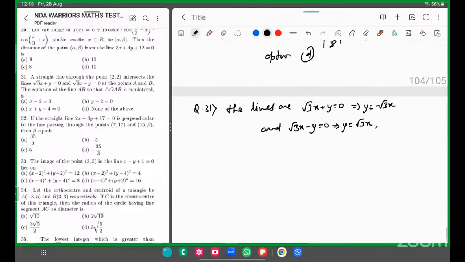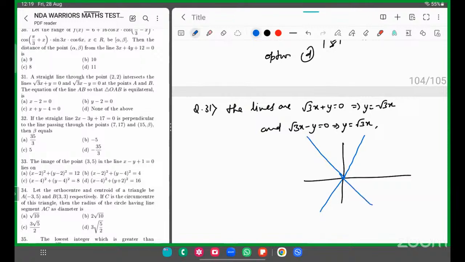They are passing through the origin, making an angle of 60 degrees. Yes, y equals root 3x means they will be making an angle of 60 degrees. If we try to draw the diagram, these two lines will be like this. These are the two lines given.